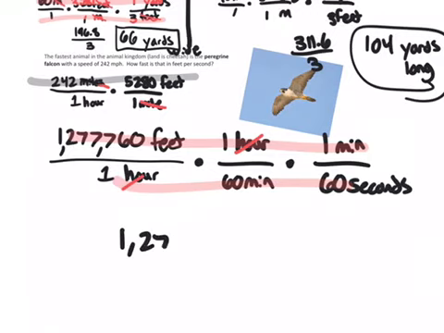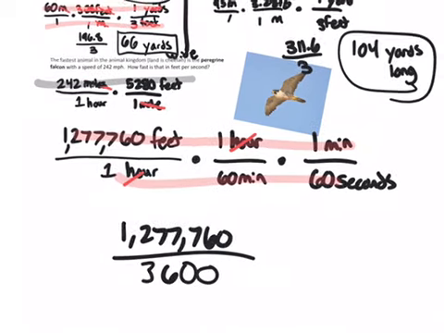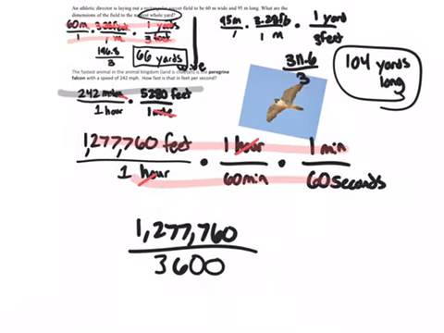So when I take care of that here, 1,277,760 divided by 3,600, we are now in our correct unit, which is feet per second.